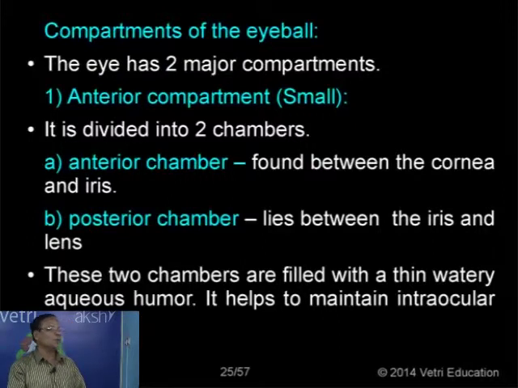The anterior and posterior chambers are filled with a thin watery fluid called aqueous humor, which is responsible for maintaining the intraocular pressure.